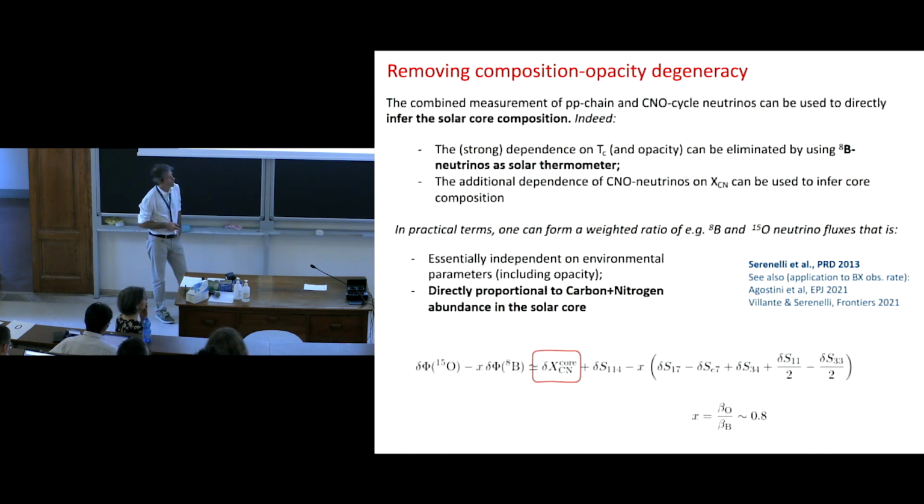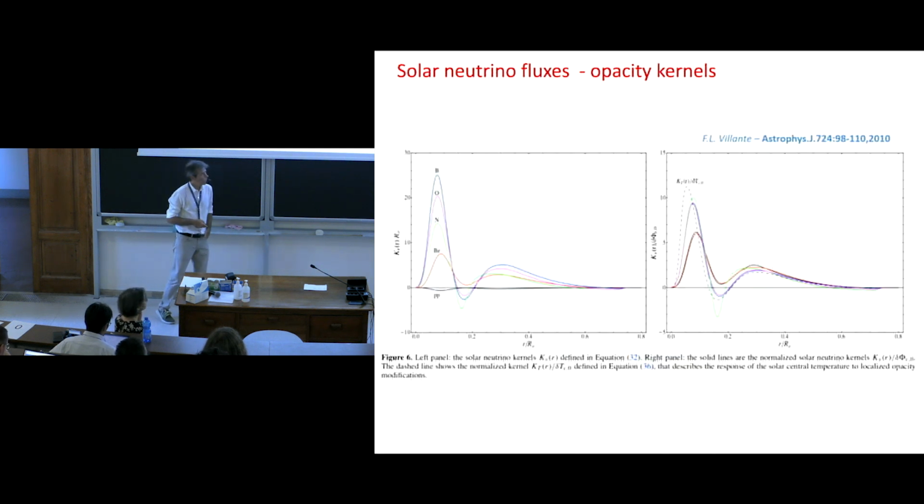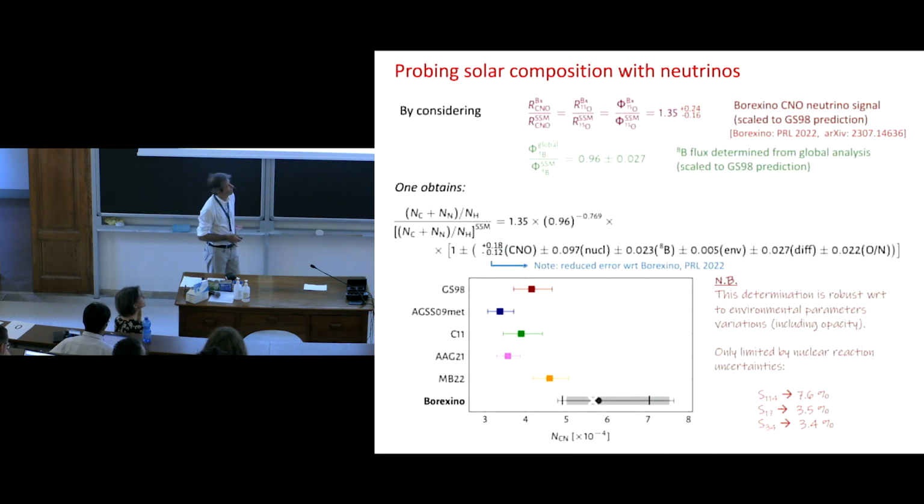Okay, so now that Borexino has measured this quantity, this kind of approach has become possible, and it has been applied by the Borexino collaboration. Here we have the rate of the CNO signal measured by Borexino rescaled to the prediction of the GS98 solar model.